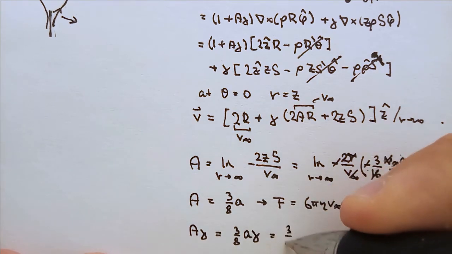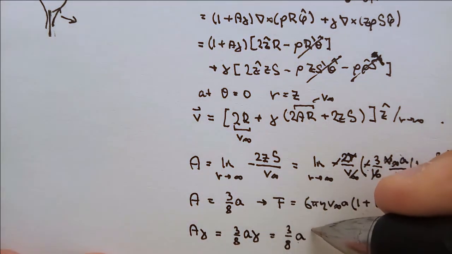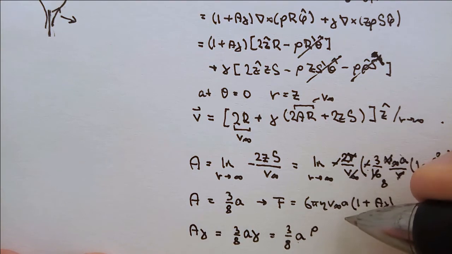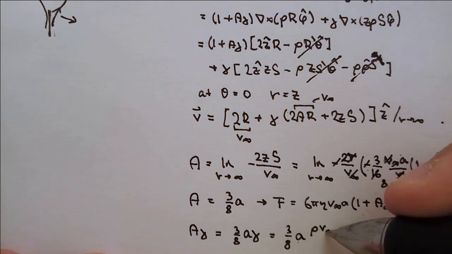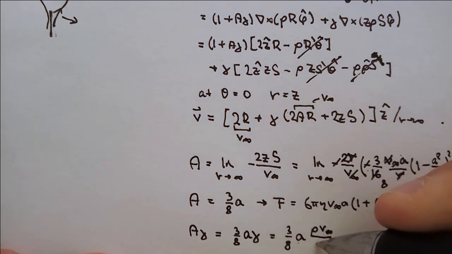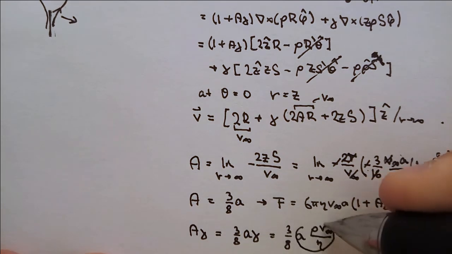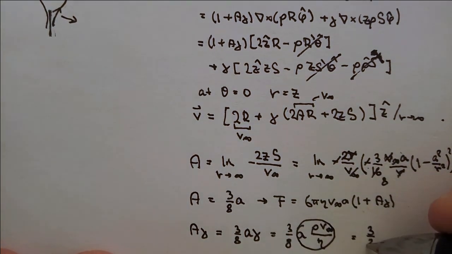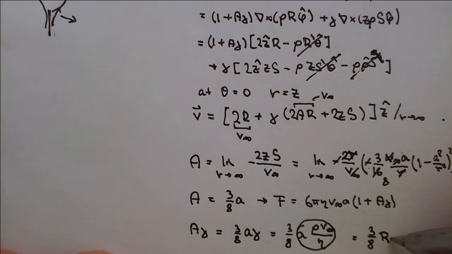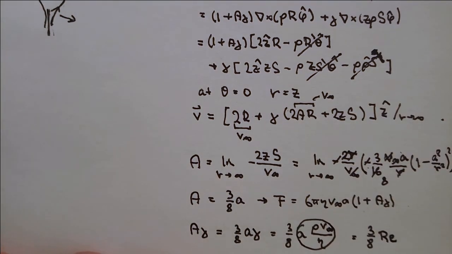As we know, gamma was rho, the density of the fluid, times the velocity of the fluid at infinity, divided by eta, and this is the Reynolds number defined earlier, the dimensionless Reynolds number. So this is 3/8 times the Reynolds number.